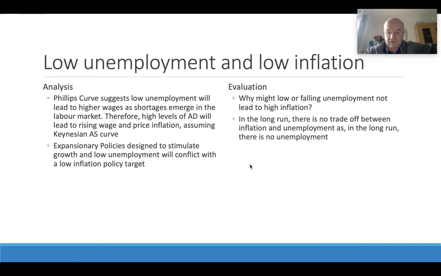Well, in this instance, the argument is that in the long run, there is not necessarily a trade-off between inflation and unemployment. The argument could be that if our economy is working at full capacity, and in the long run, the view is that that will be the case, there is no unemployment, so the trade-off is only a short-run trade-off.